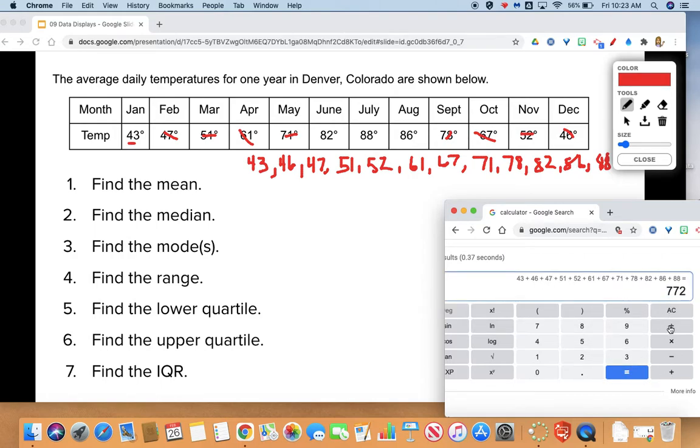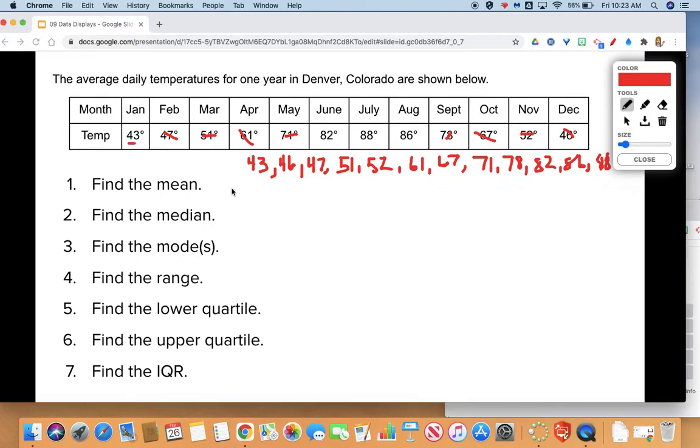When I add them, I get 772. I'm just going to double check that there's 12 numbers. 2, 4, 6, 8, 10, 12. Divide by 12. I get a repeating decimal, 64.3 repeating, so I can just round that to 64.3. If you include the repetition sign, that is totally fine.